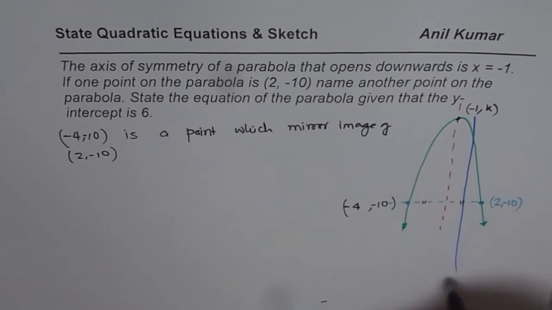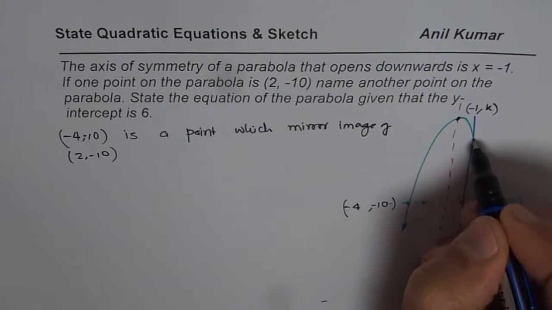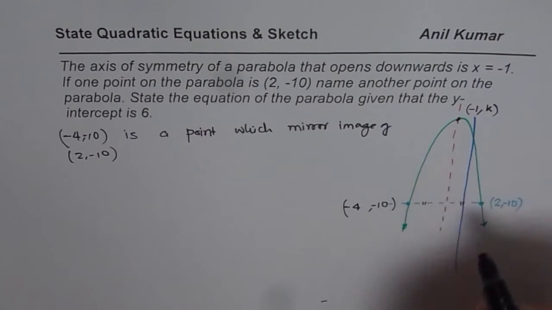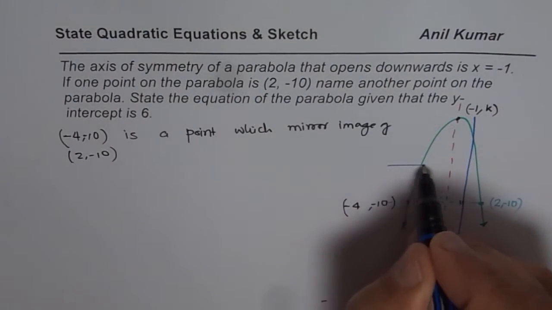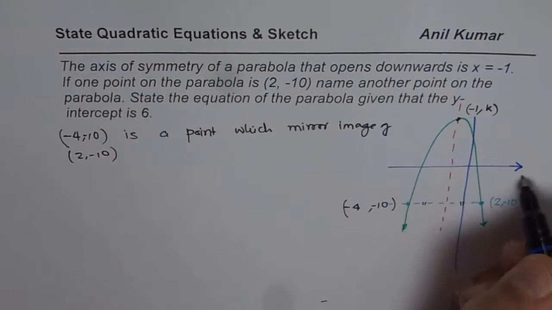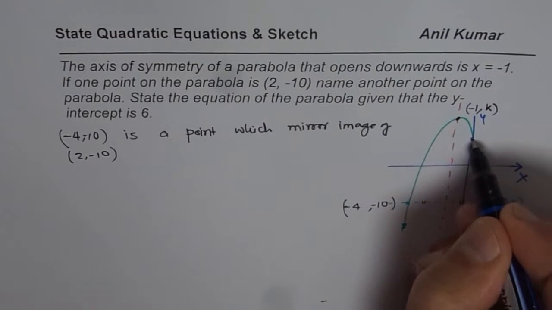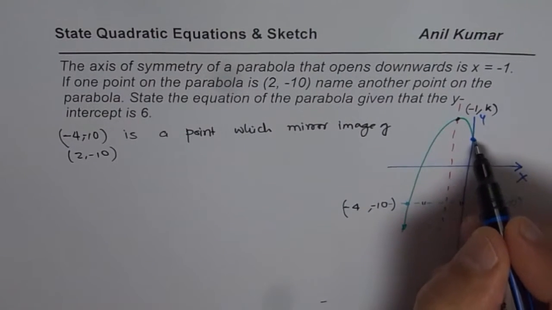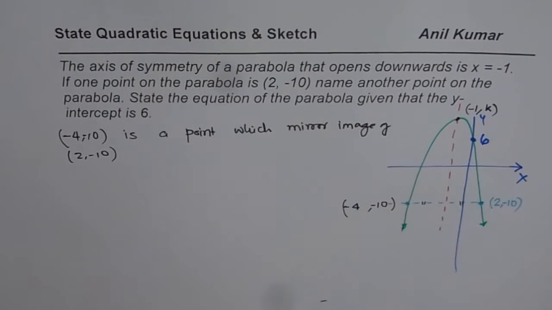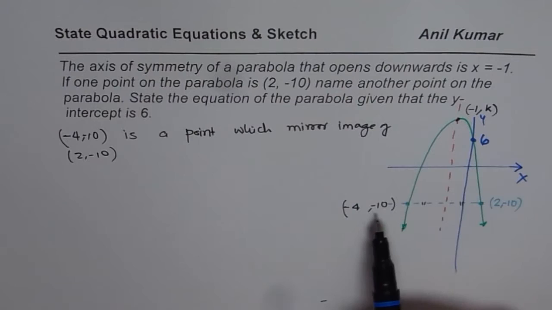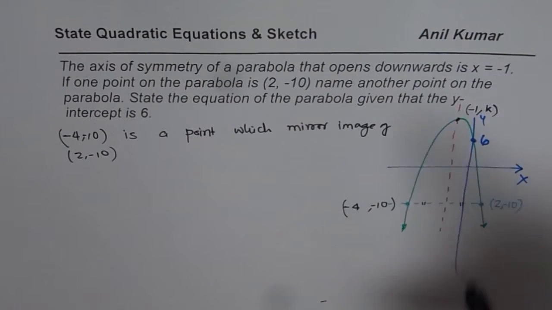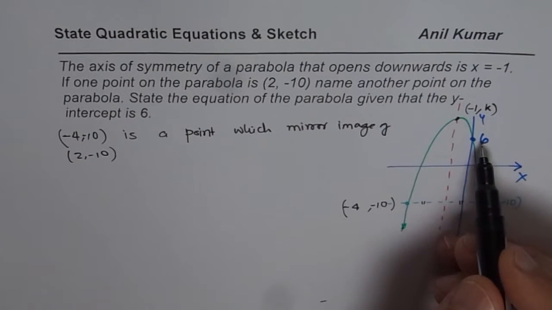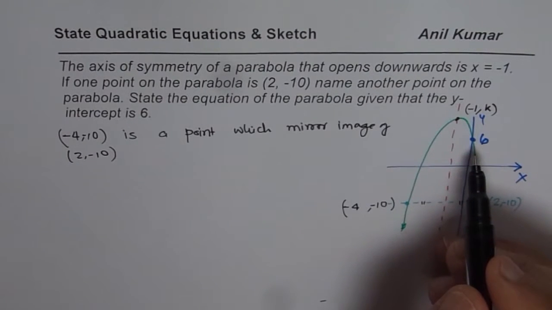This is x, this is y, and that point is at 6. So we do have a sketch for our parabola. Now, given that the y-intercept is at 6, we can find the equation of the parabola.